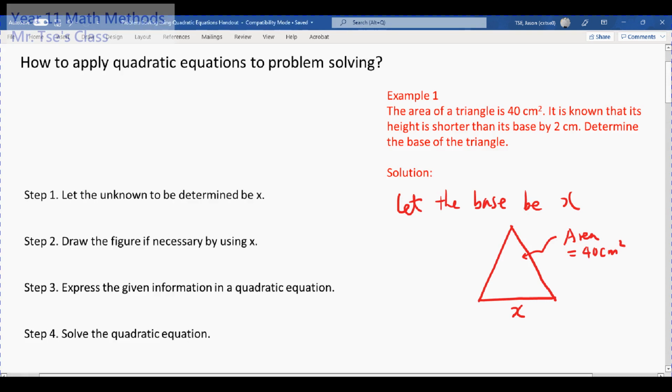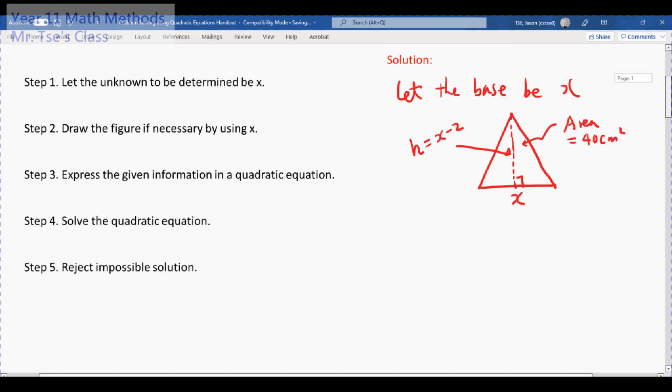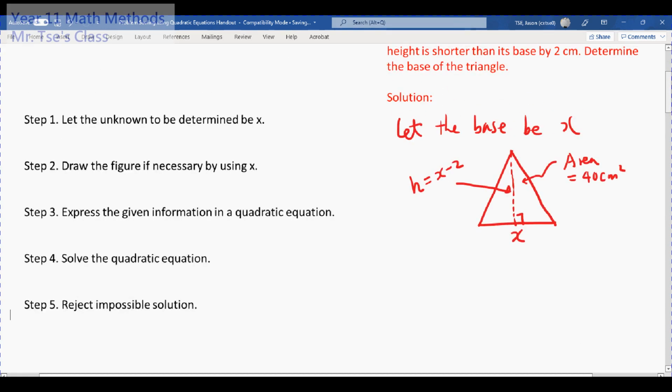So let's draw. This is the height, and that height is shorter than the base by 2 centimeters. The base is x, so the height should be x minus 2. So basically you've got all the information in the figure.